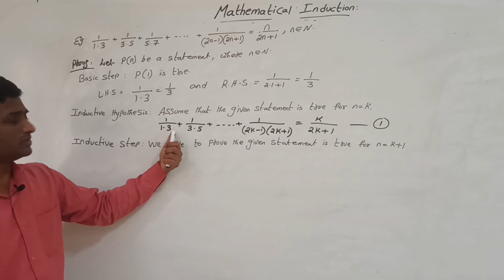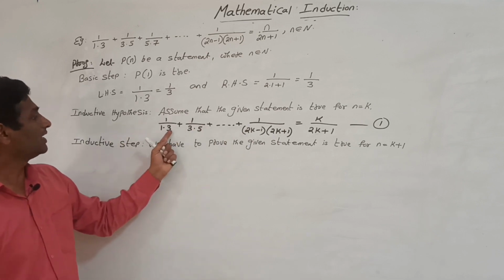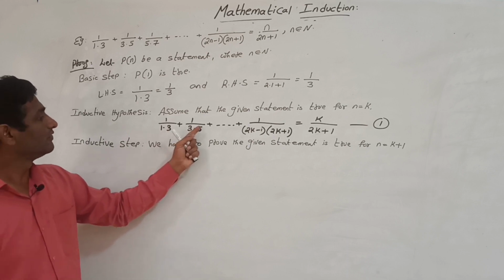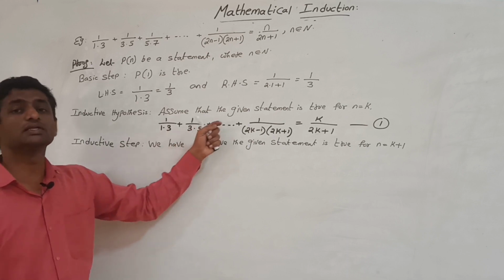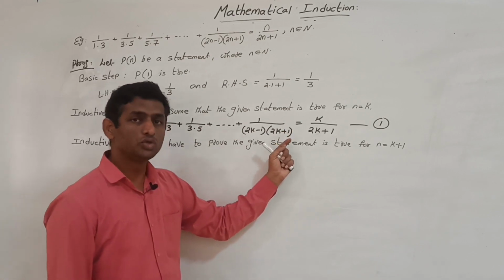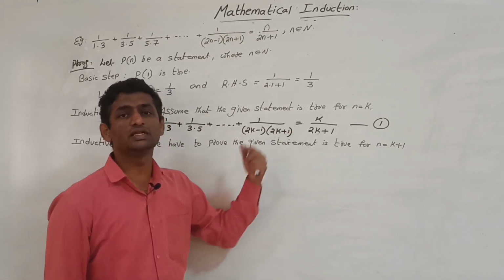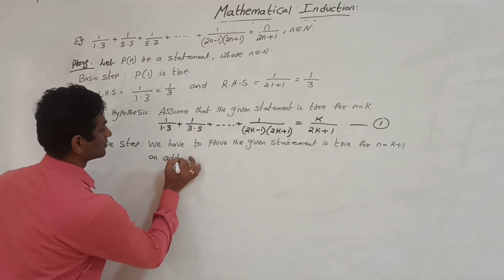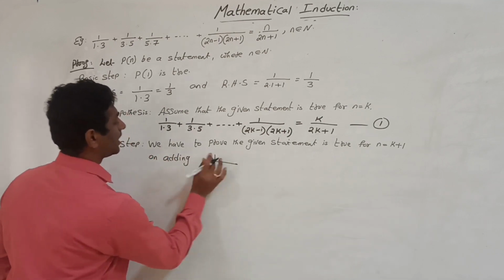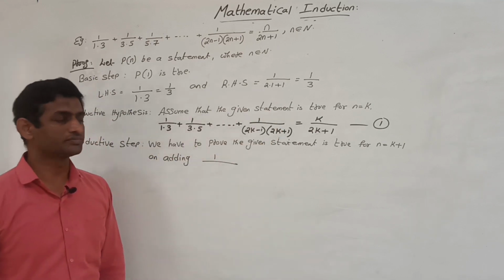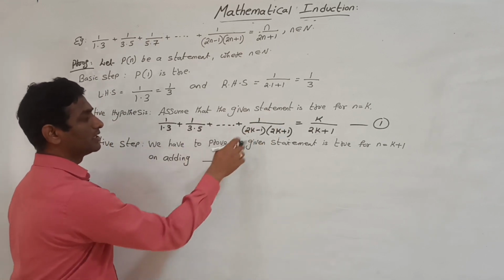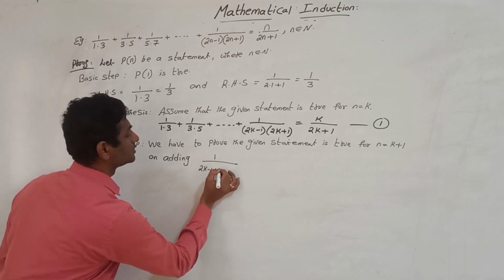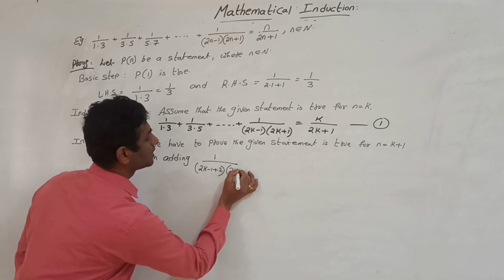Similarly, for the second number, 3, 5, 7, and so on: if you add 2 to the previous term, you will get the next term. If you add 2 to 5, you will get the next term. Similarly, if you add 2 to 2k plus 1, you will get the next term. So, as 1 is fixed in the numerator, in order to get the next term we have to add 2 to 2k minus 1 and 2 to 2k plus 1.